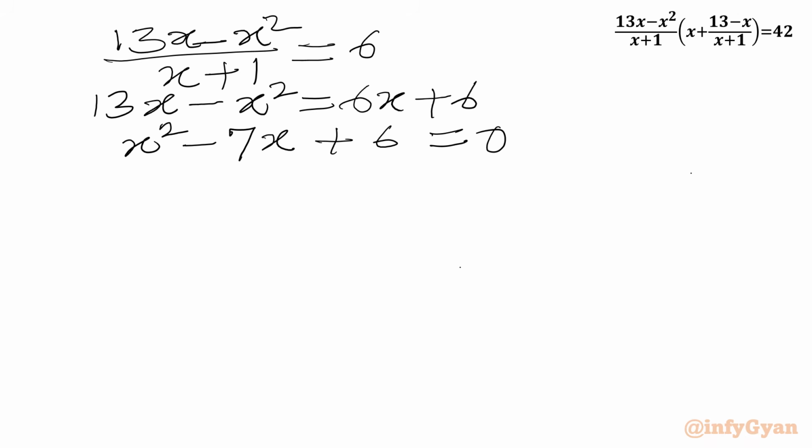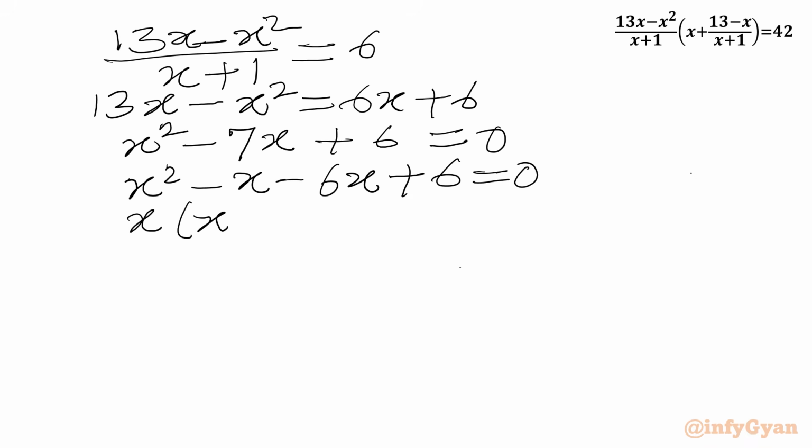Again we have a quadratic equation which we will solve using the method of factorization. So x square minus 7x can be written as minus x minus 6x, plus 6 equal to 0. From the first two terms x is common. We'll get x minus 1 in the bracket. From the next two terms we'll take minus 6 common, so there must be x minus 1 in the bracket, equal to 0.